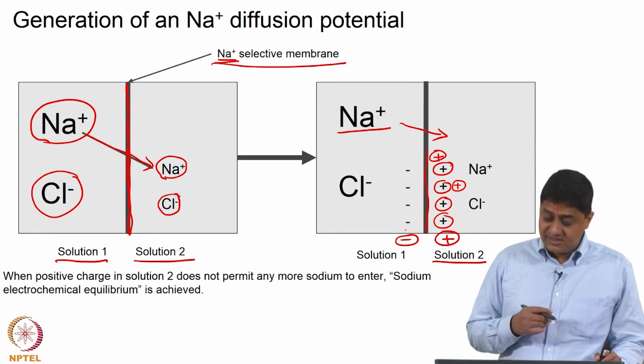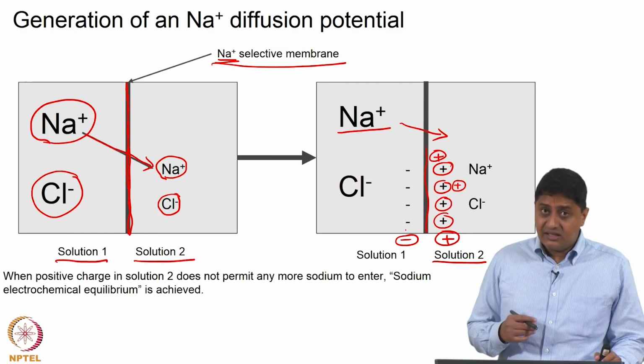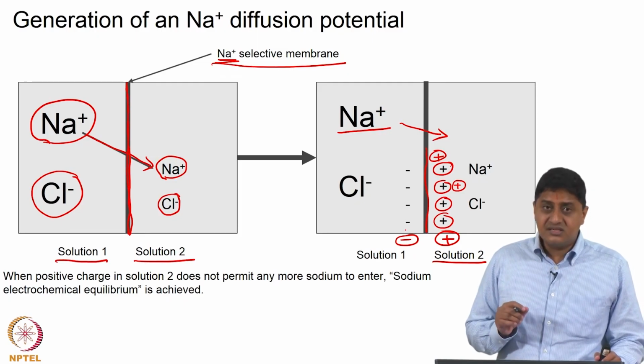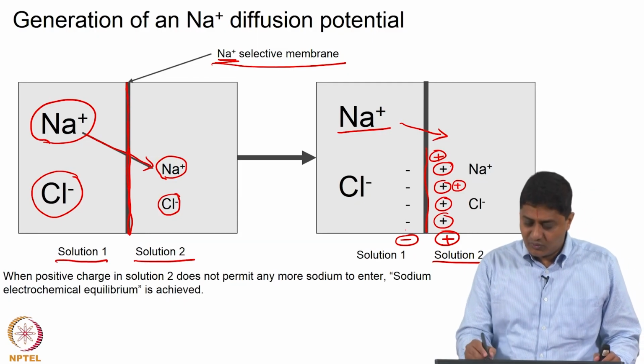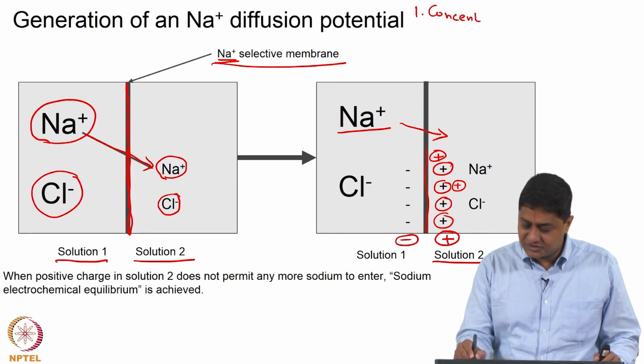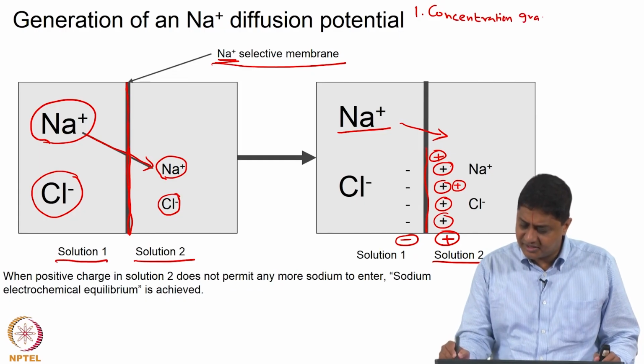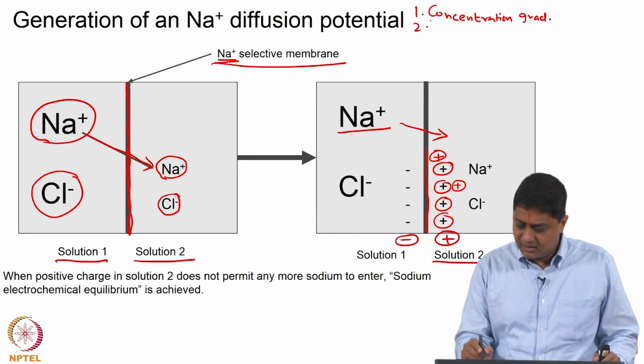So, now in this case the transport of the ion is governed by two forces. One is the force due to the concentration gradient, and the other is the force due to the potential gradient.